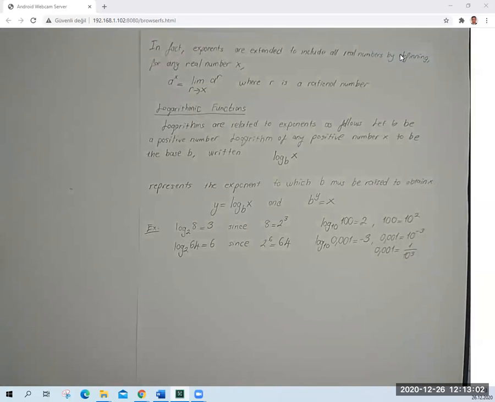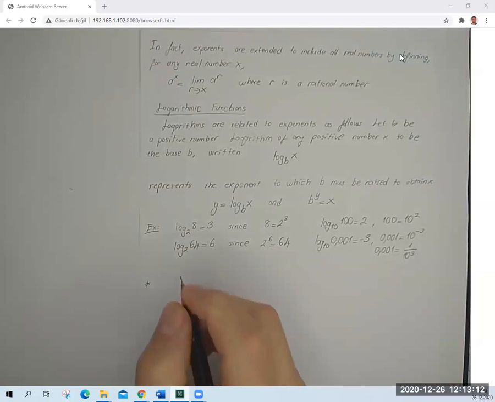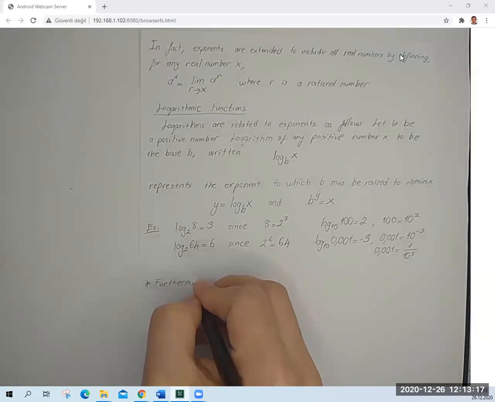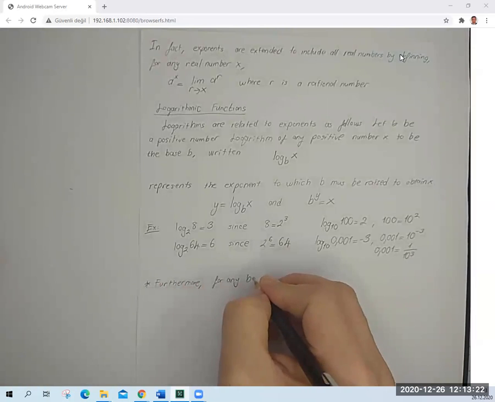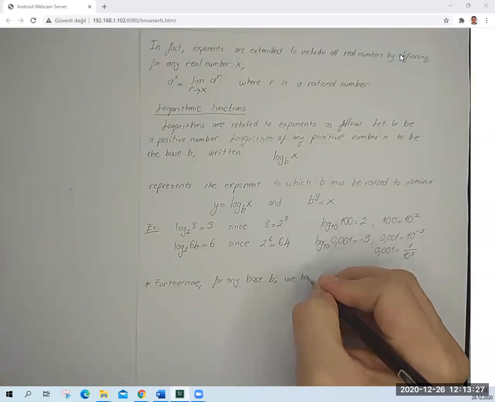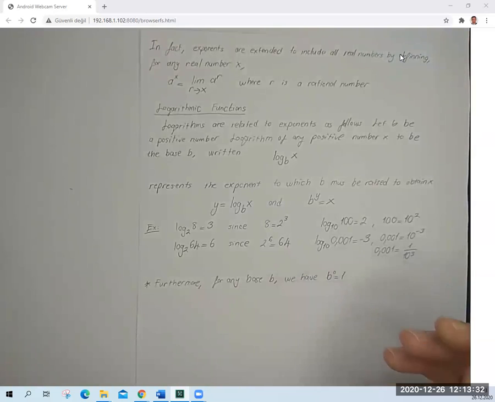And what else? As an example, there is an explanation furthermore: for any base b, we have b to the power 0 is equal to 1, and b to the power 1 is equal to b.